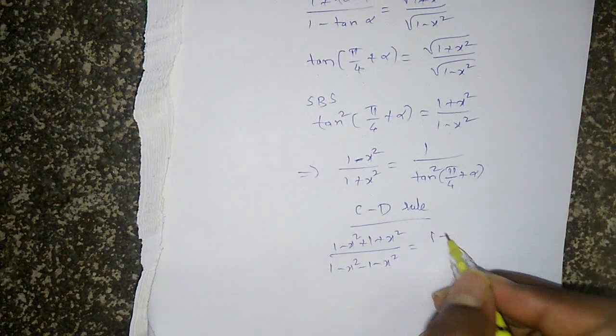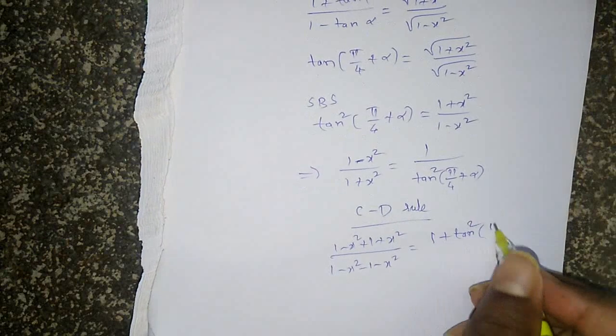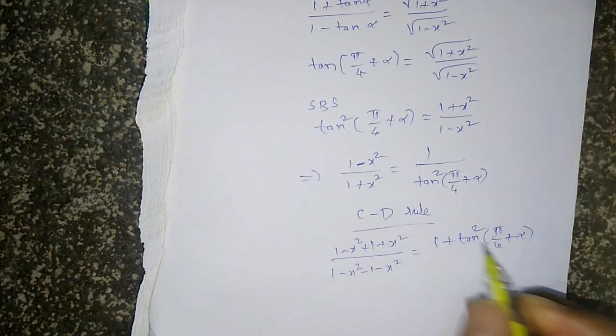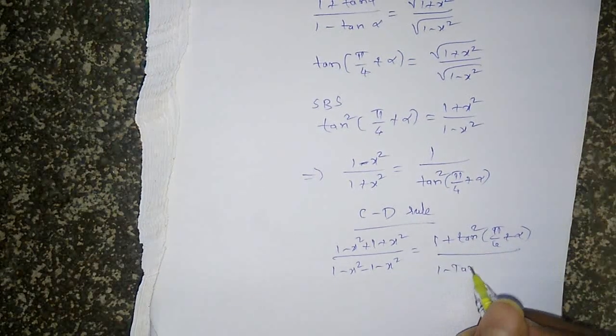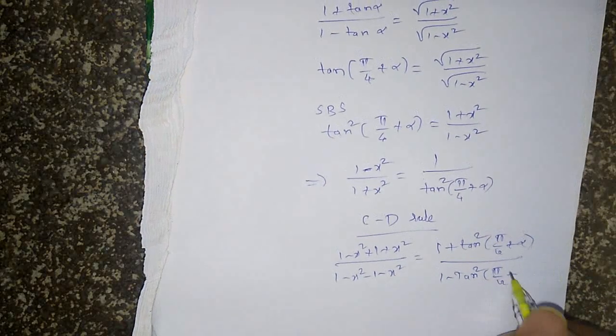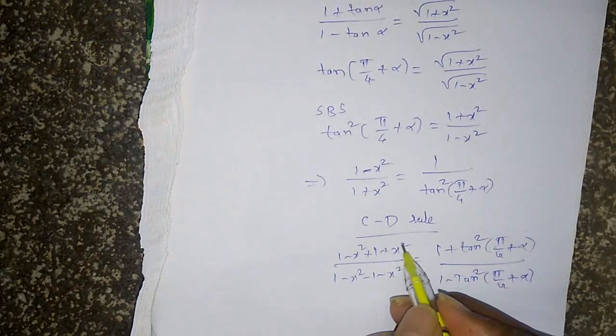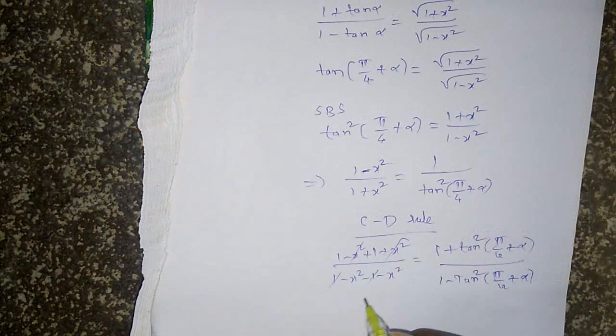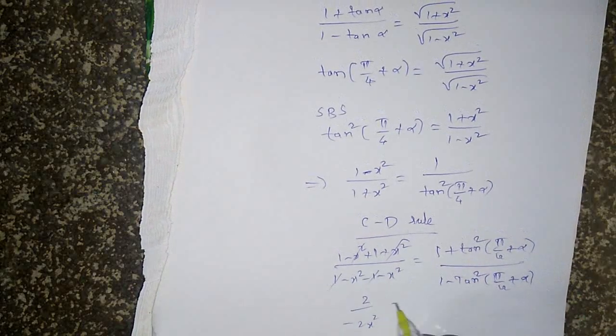On the right side also the same operation: (1 plus tan square of (pi by 4 plus alpha)) by (1 minus tan square of (pi by 4 plus alpha)). So here x square gets cancelled, here 1 gets cancelled, this is 2 by minus 2x square.